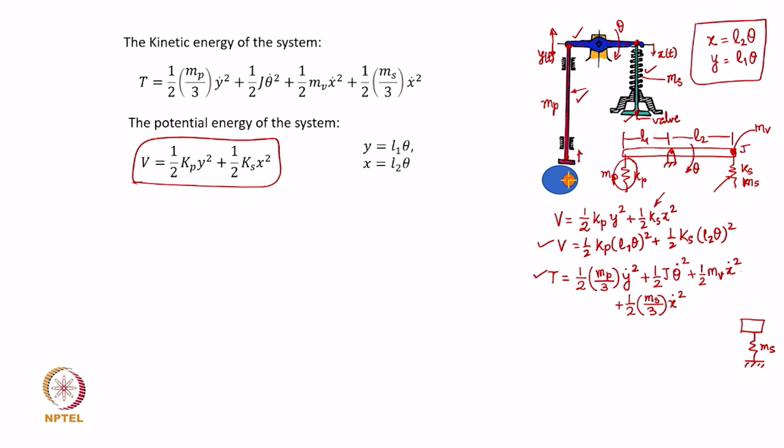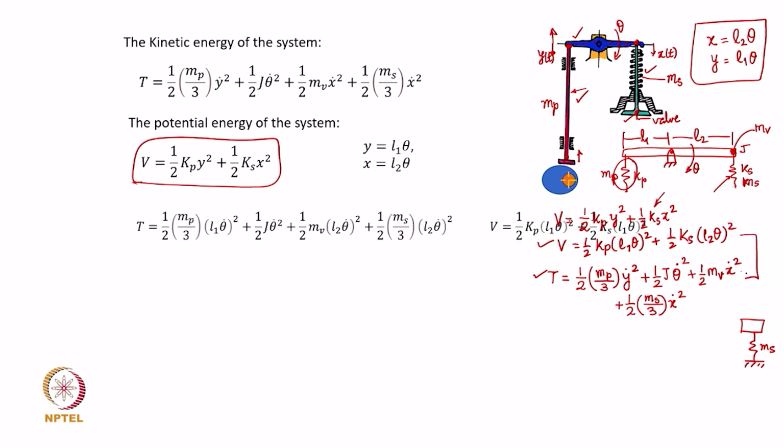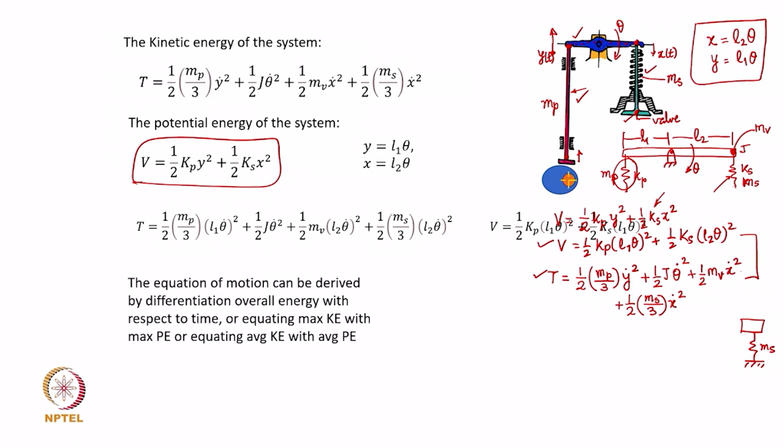The only degree of freedom here is theta. X and y are related to theta through the lengths of the arms, and therefore, if you substitute y and x into these two equations and then apply the conservation of energy, that is the time derivative of total energy is 0, you will find the expression for the governing equation.